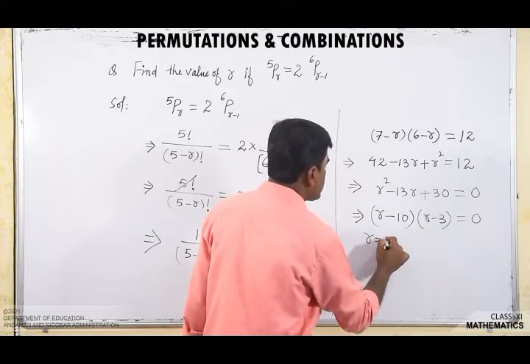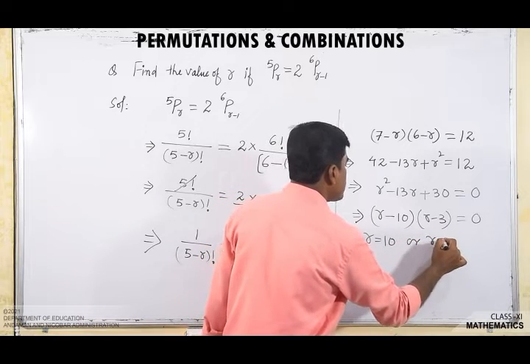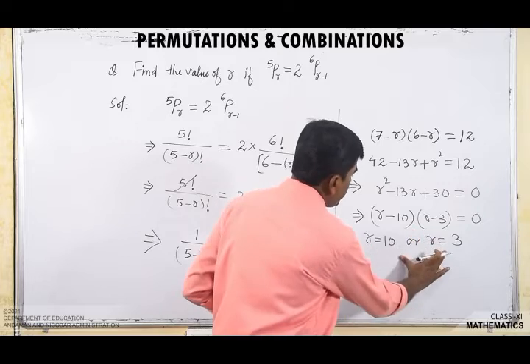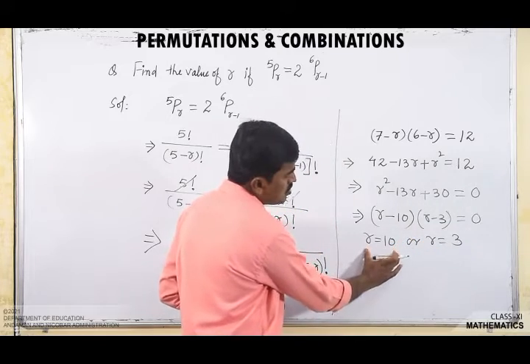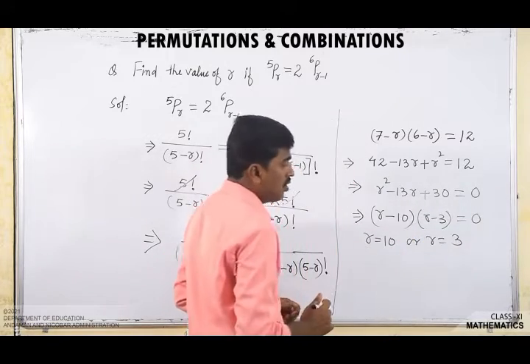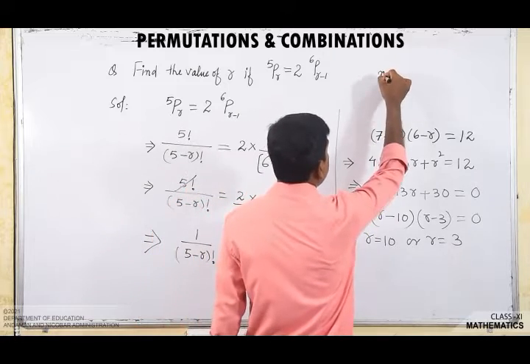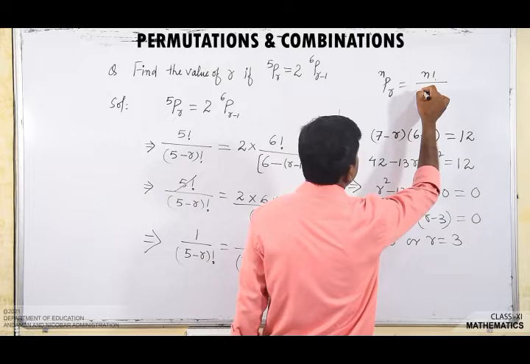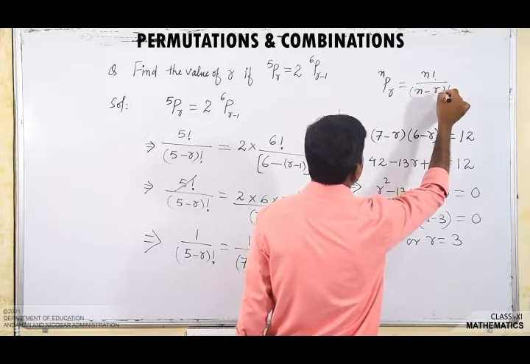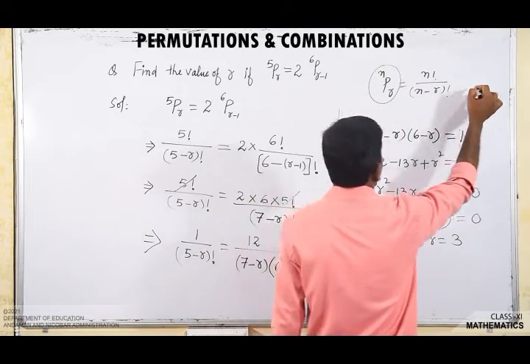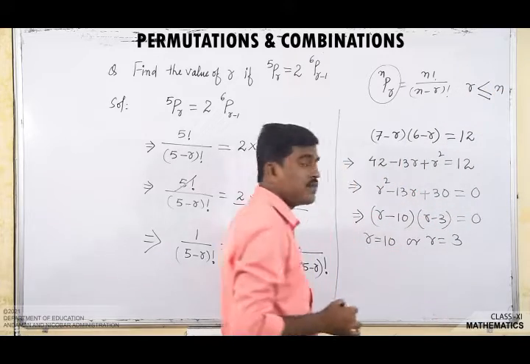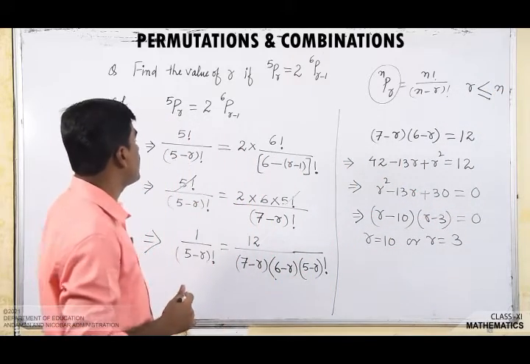Now r is equal to 10 or r is equal to 3. Now let us check what is the value of r. Here we got r is equal to 10 or r is equal to 3. But we know that in the formula nPr is equal to n factorial divided by (n minus r) whole factorial, in this nPr, this r is always less than or equal to n. r is always less than or equal to n.